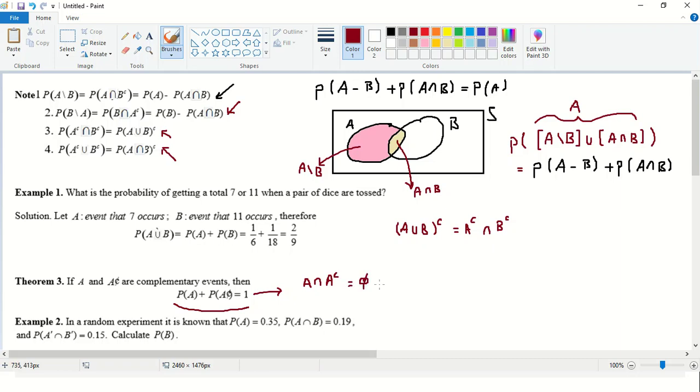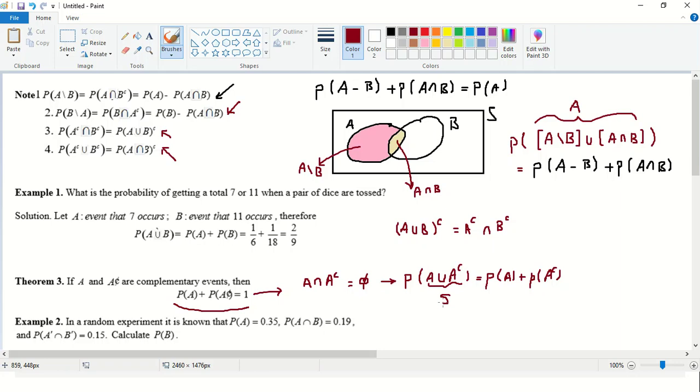Because they are mutually exclusive, the probability of their union, A union A complement, is equal to the sum of their probabilities: the probability of A plus the probability of A complement. And of course, A union A complement is the same as the sample space. So the left side can be replaced by S, and based on the axiom, the probability of S is equal to 1.